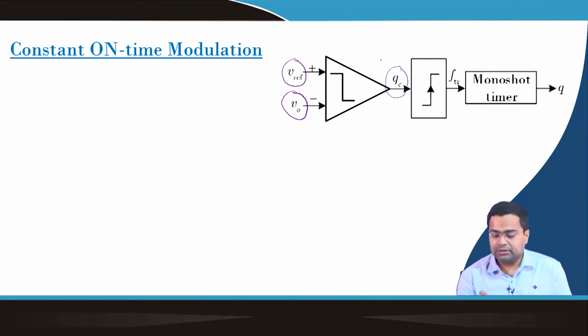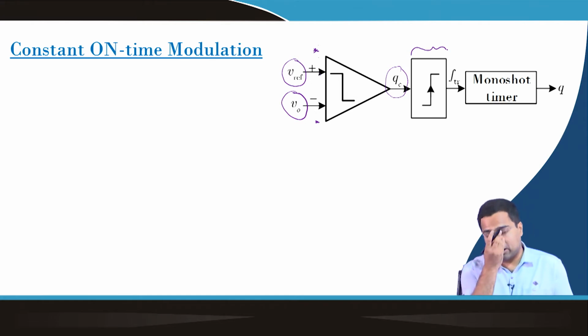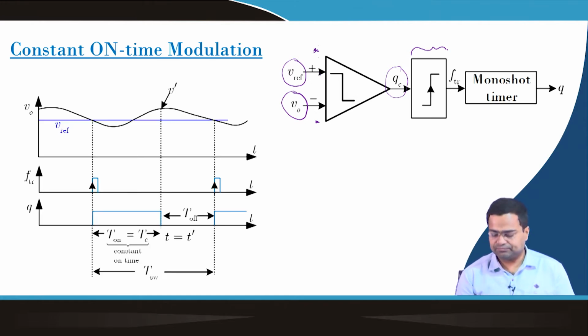It goes high when the output voltage is below the reference voltage, that is, when the reference voltage is above the output voltage. That means when the positive terminal is higher than the negative terminal, the comparator output goes high. Here we are detecting the positive edge of the comparator output.